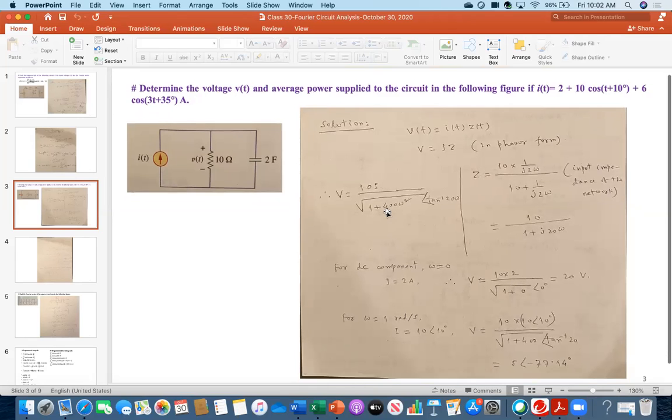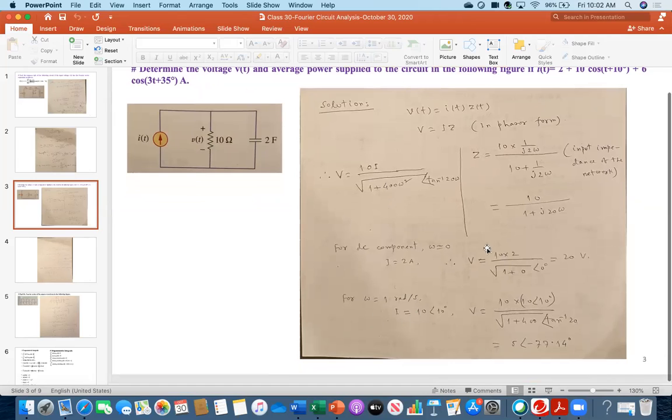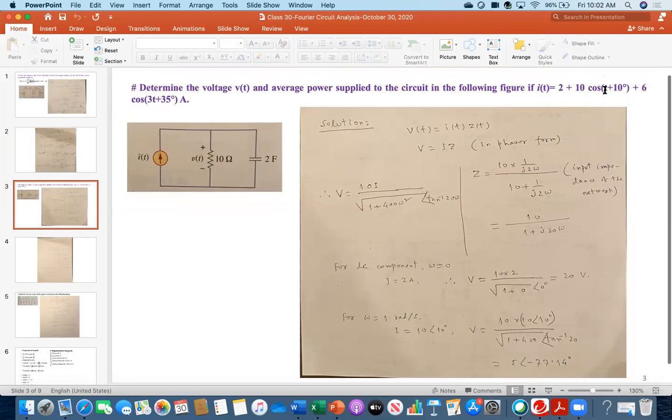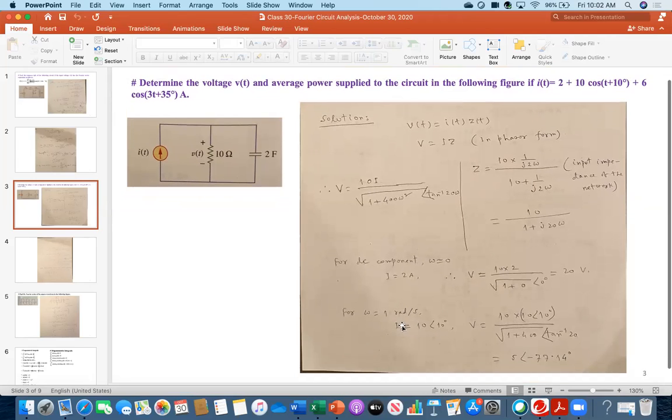So accordingly, today I wrote omega 1 because the omega value is 1. But in another problem, for example in homework or midterm exam or final exam, if it is given 5t, this means here you have to say omega 5 radian per second. As I said, magnitude and angle are no problem, whatever the frequency is, but you have to carefully look at the omega.